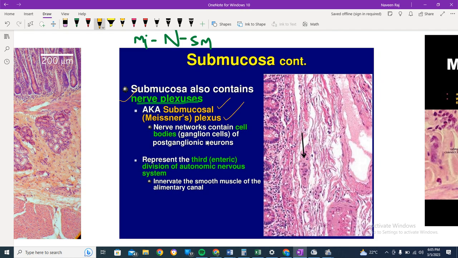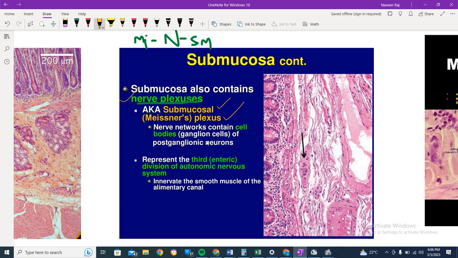It is just a path through which the blood is being supplied to the stomach, and it is providing support. Like, we've got such an organ, so we need support, so this is the one which is providing support, while we've got two more important functions into it, that is both Meissner's plexus and the myenteric plexus.